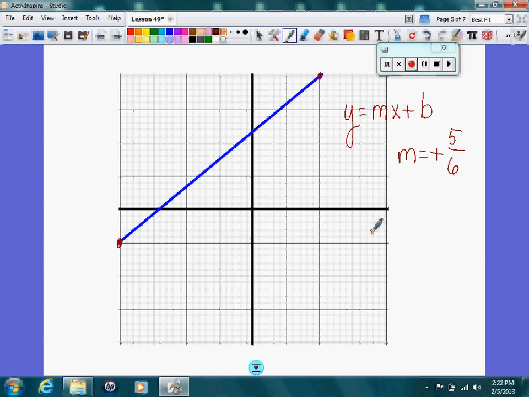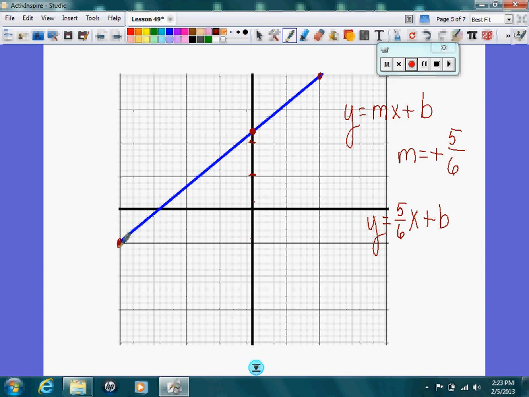So we can begin to write our equation. y is equal to 5/6 x plus b. Now where does it cross the y-axis? It crosses the y-axis right here. That's not exactly on one of these numbers, so it's going to be 2 and some fraction. How can we find out exactly what that is? We can put in the coordinates of a point.